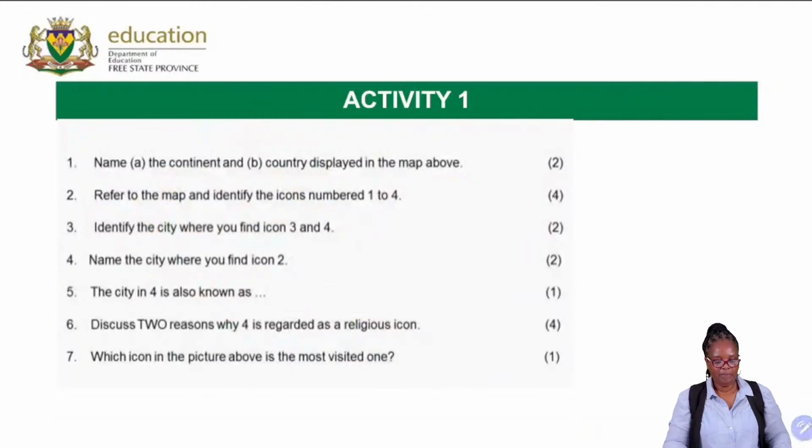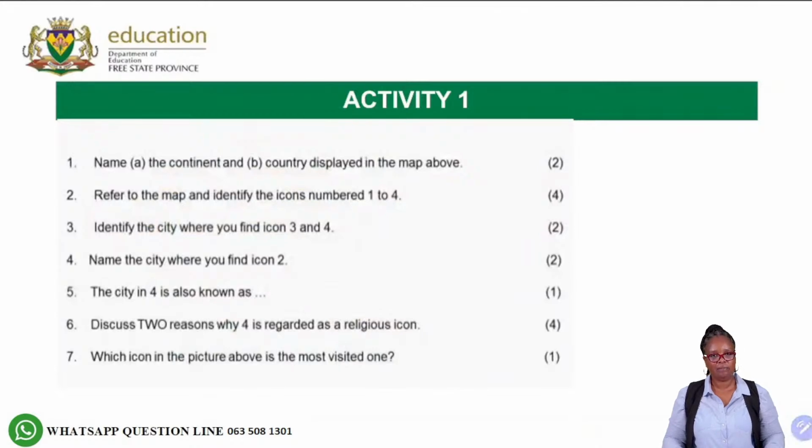Let's look at this. We go back. I've given you the clue. Number 1, name the continent. Then number 2, the country displayed in the map above. We talked about this.